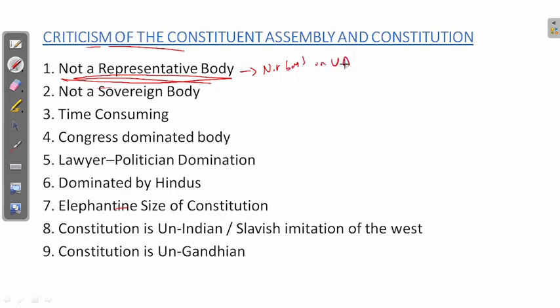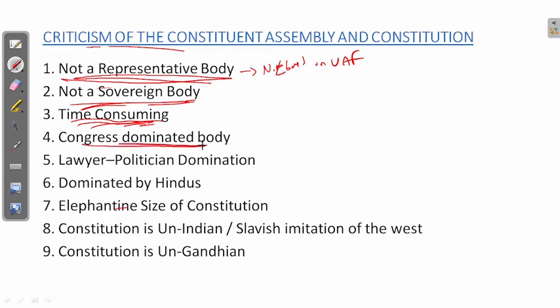Next, not a sovereign body, because it was created by the proposals of the British government. Next, time consuming, because it took a long time to make the Constitution.